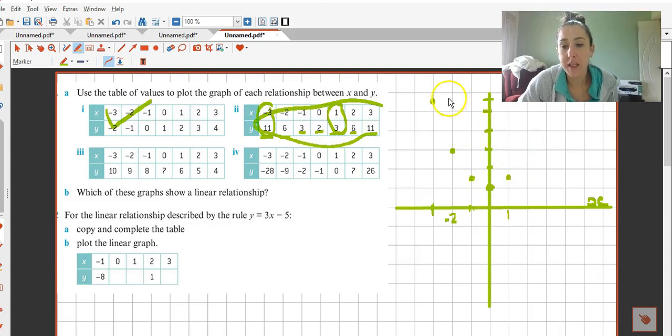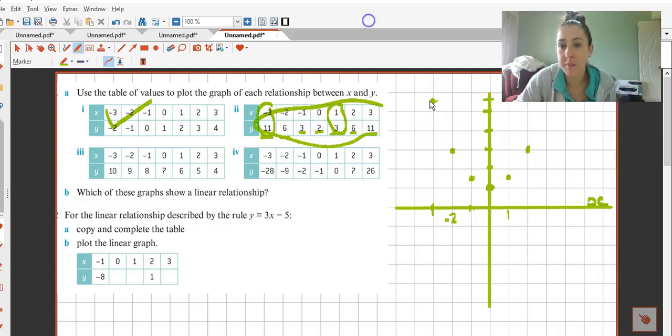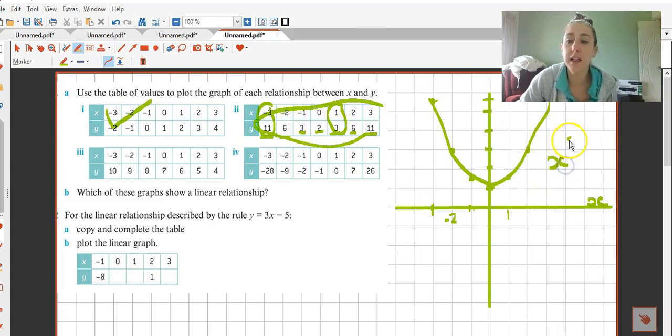So what's happening here is if I keep plotting, I'm going to have a bit of a pattern emerging, and it's going to be, again, that parabola shape. So it's got an x squared in there. And I know that because of the shape of it.